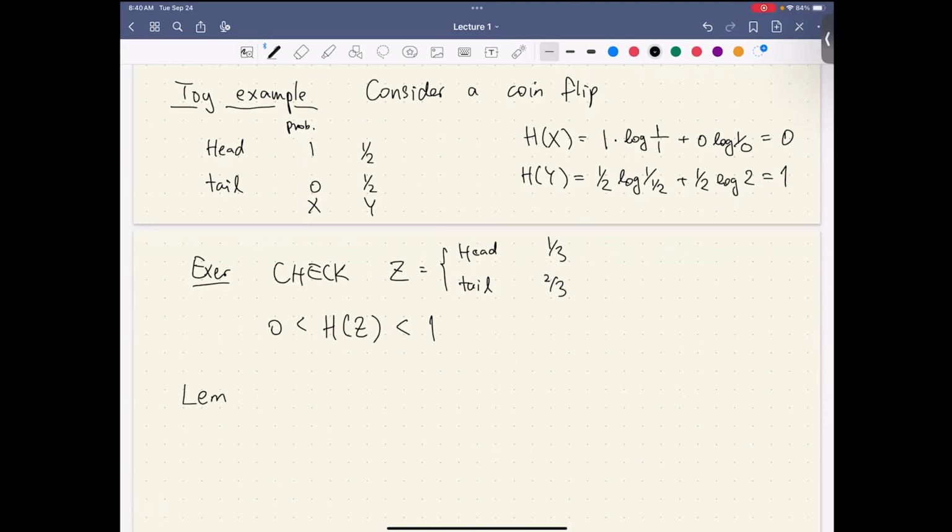Lemma 1 says the following. If we have a random variable X which is uniformly distributed over a set A, this is the notation, meaning that X is uniformly distributed over A.